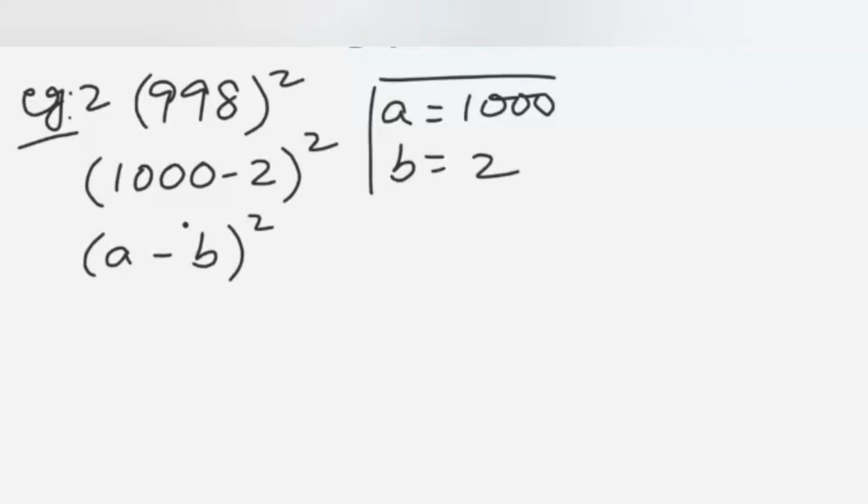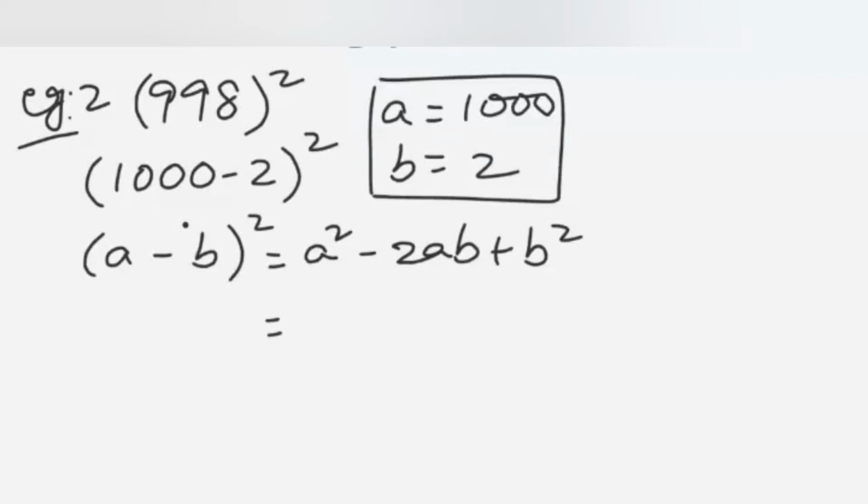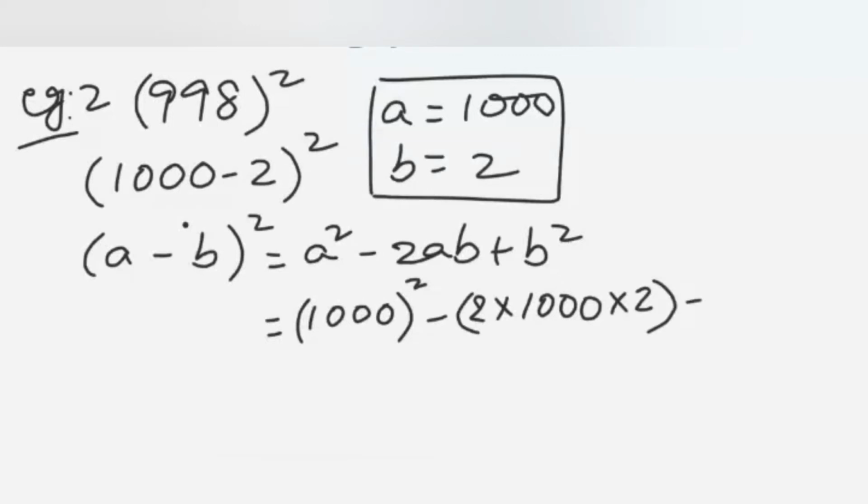Now you are going to substitute these values in the identity. According to (a minus b) whole square, the formula is a square minus 2ab plus b square. Let us substitute these values. 1000 whole square minus 2ab means 2 into 1000 into 2, plus b square means 2 whole square.